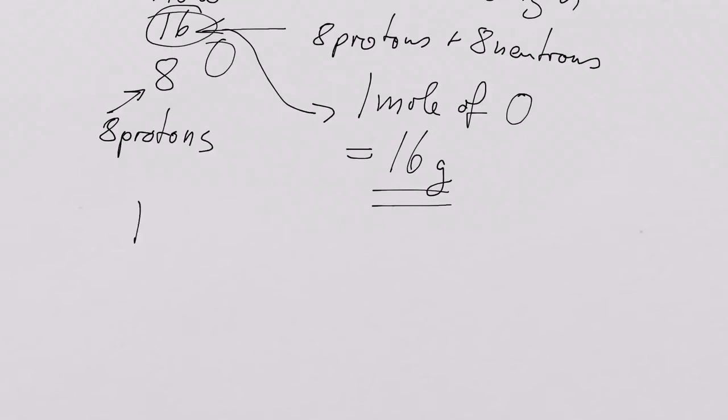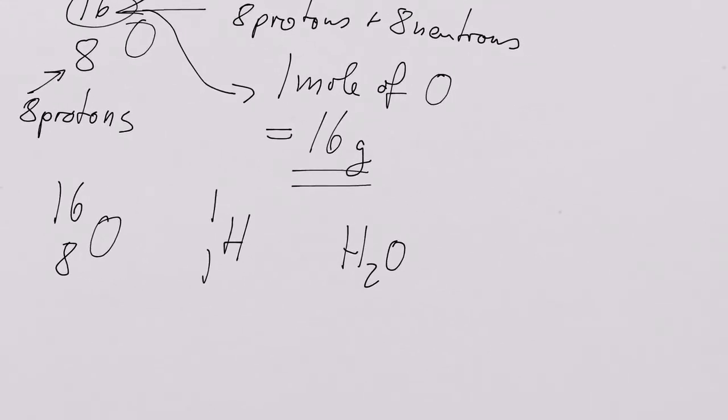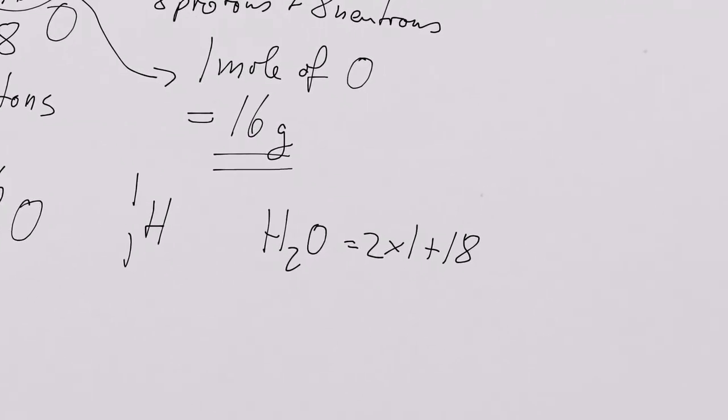So you have 16 over 8 O and 1 over 1 H. We make 1, no, sorry, we make 2 H. So what is the molecular weight of water? 2 times 1 plus 16 gives us 18 gram per mole.